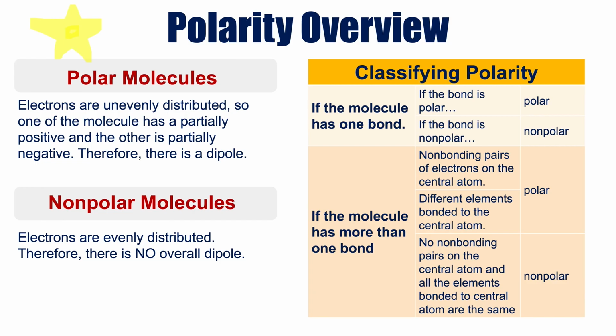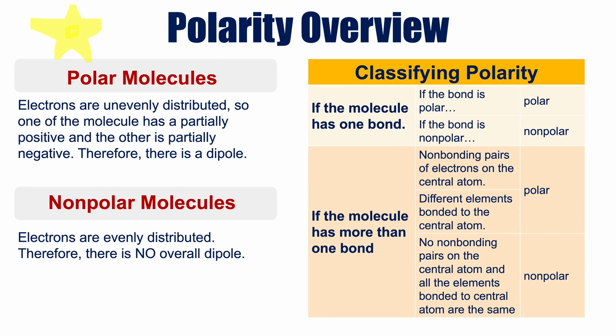That causes an overall net dipole in that molecule where one end of the molecule is partially positive and the other end is partially negative. In a nonpolar molecule in its three-dimensional structure, the electrons are evenly distributed, so therefore there is no overall net dipole. This difference is going to make a really big impact when we're looking at the types of intermolecular forces that molecules can interact with.